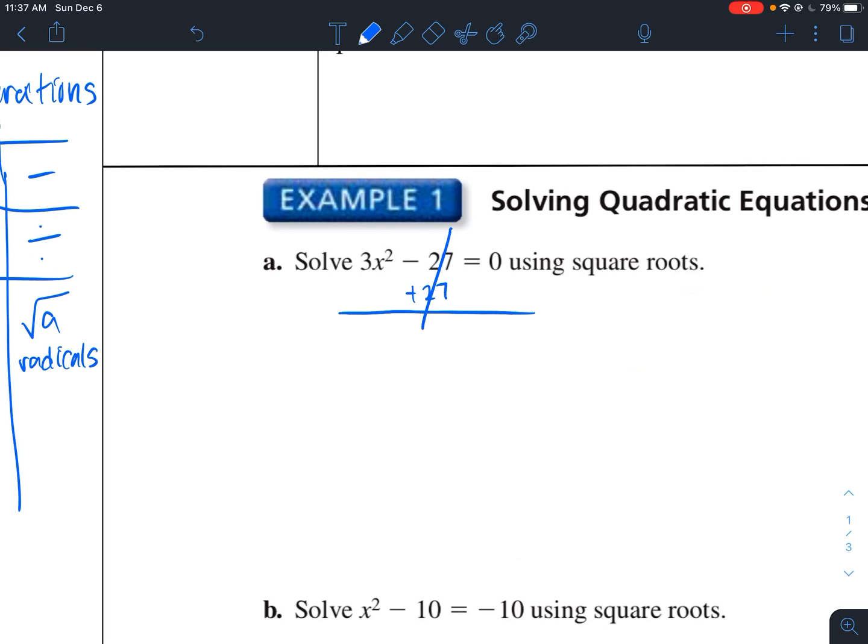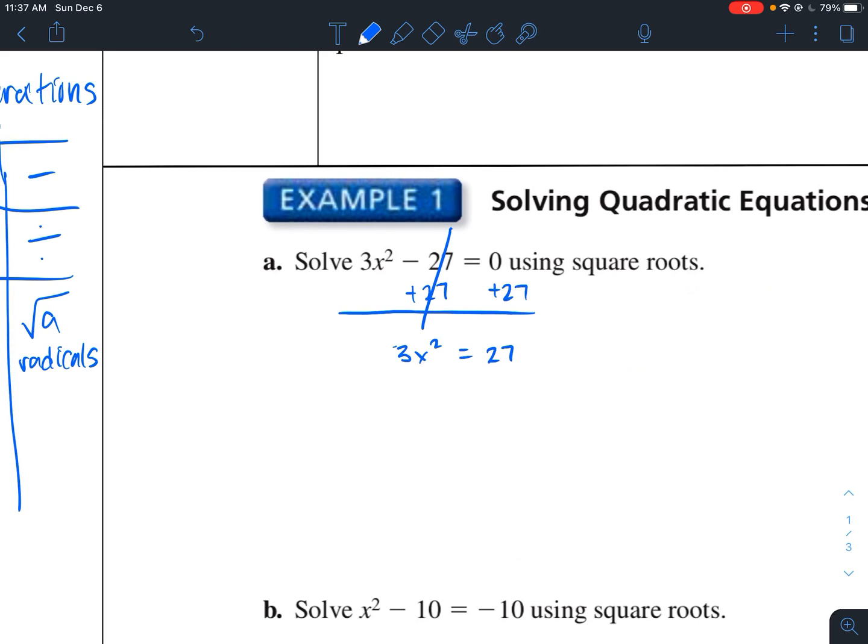But whatever I do to the left side of the equation, I have to do to the right side of the equation. So over here, the 27 will cancel, and then we'll be left with 3x squared equal to, and on the right side, we can add 0 and 27, so I get 3x squared is equal to 27.